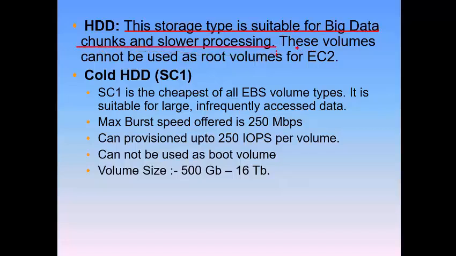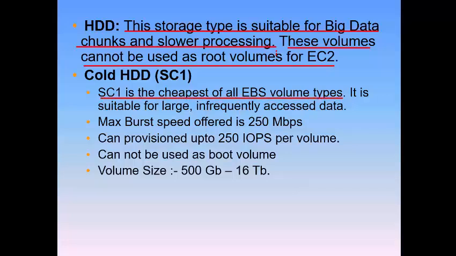The main difference is that these volumes cannot be used as a root volume for the EC2. Root volume can be only SSD, and next we are going to discuss magnetic. The benefit of cold HDD storage is that it is the cheapest of all the EBS volume types.